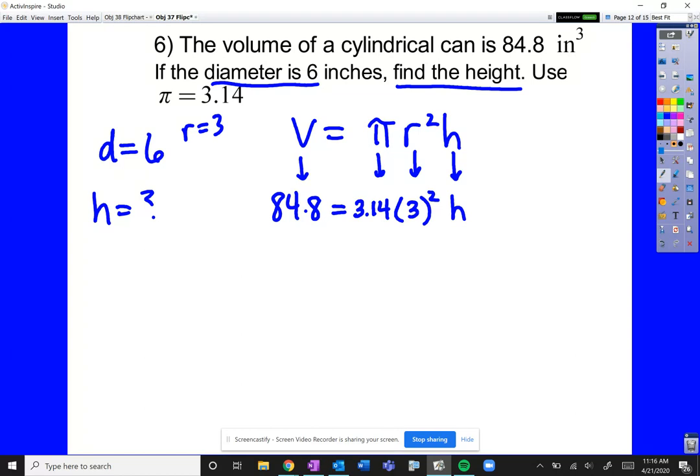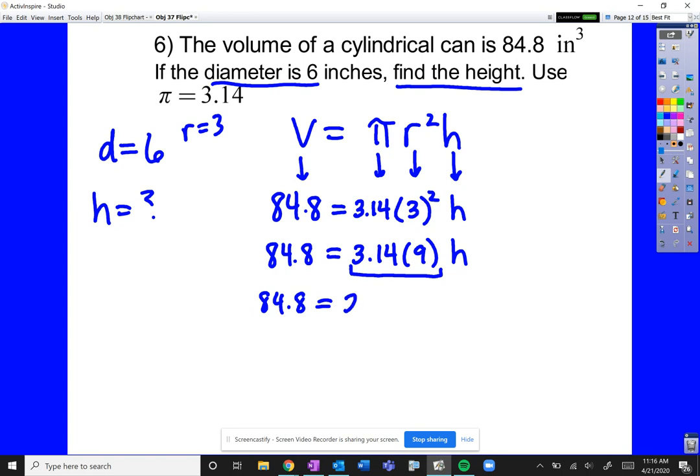There we go. Let's do a little cleaning up here. So 3.14, we know 3 squared is 9 times the height. Let's get this into one nice number here so it'll work for us. 3.14 times 9, which is 28.26 times h. And how do we get rid of a multiplier in front?